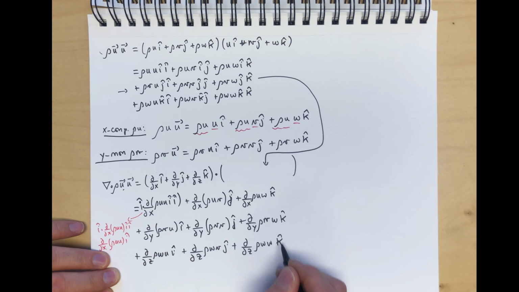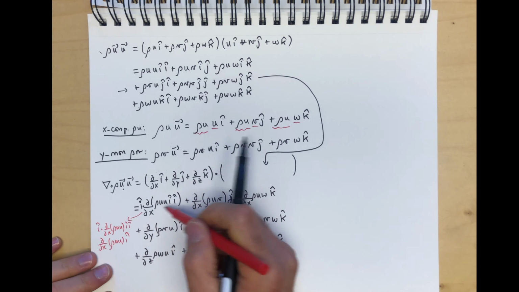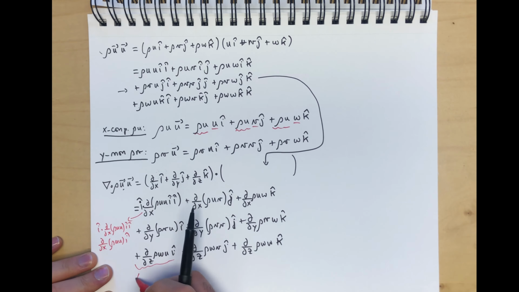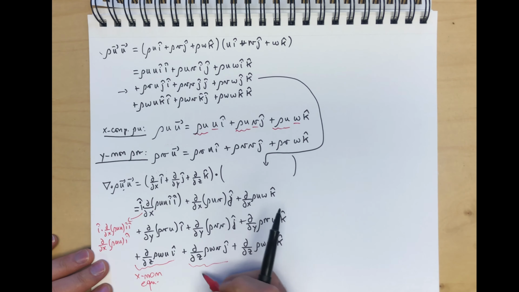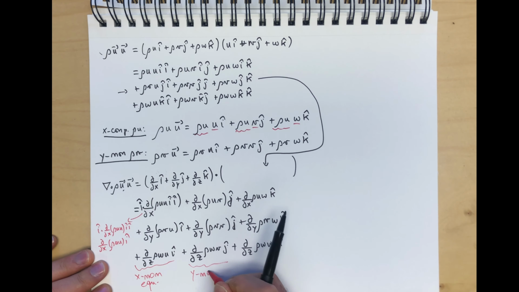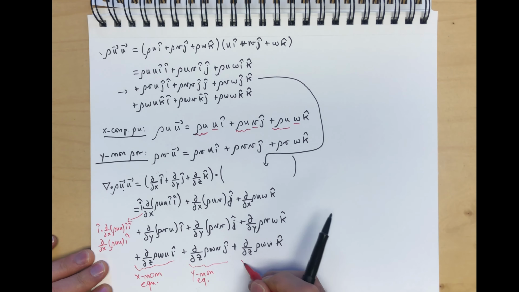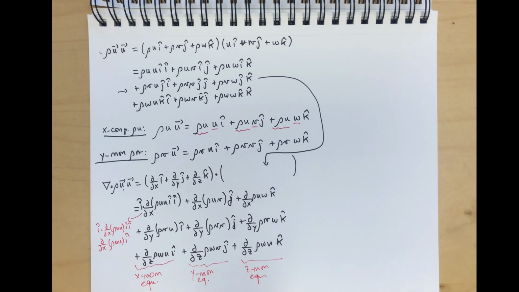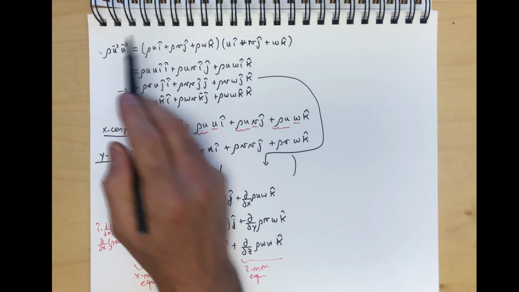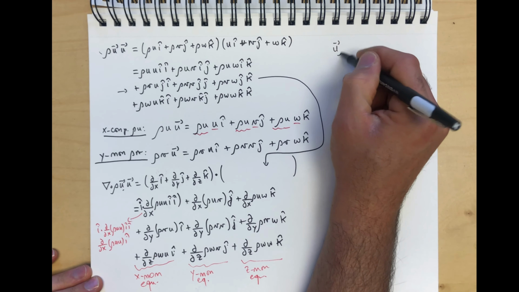Now, these will contribute to the x momentum equation, and these will contribute to the y momentum equation, and these will contribute to the z momentum equation. Now, the ordering here doesn't matter. You could express this as u, rho u.